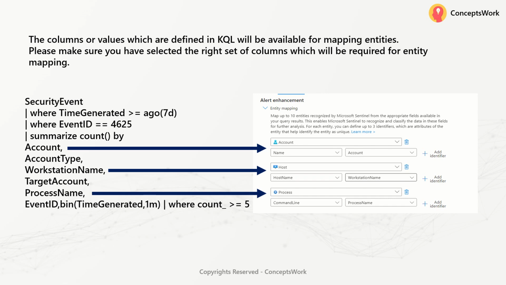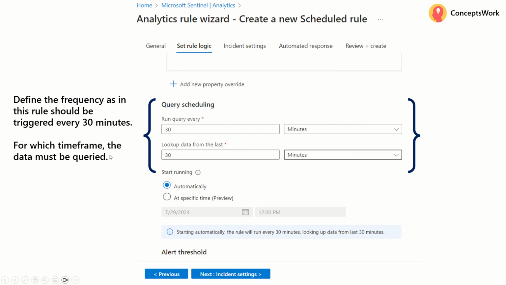Once you have done this, the next part is to define the frequency, as in when the rule should be triggered. In this case, it is 30 minutes, and it queries the data for the last 30 minutes. But to showcase, I have shown you a very small time period, which is 5 minutes.